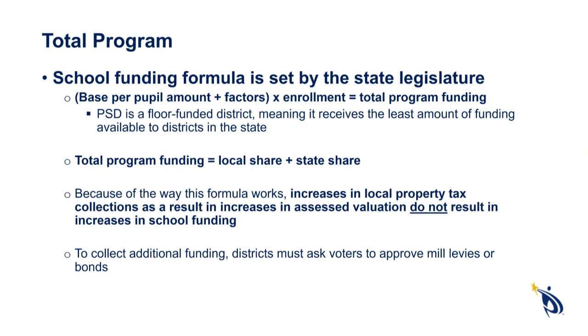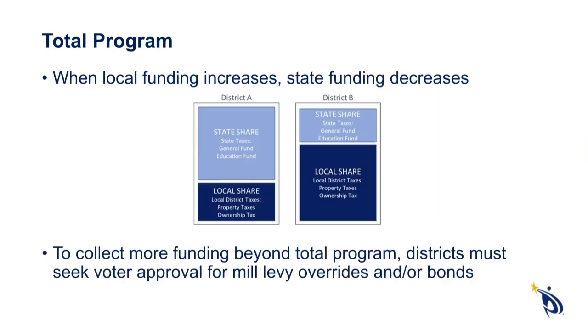And the other takeaway here is that whenever we want additional revenue beyond what's provided by the state in the total program funding formula, what we need to do is go to our local voters and ask for that. And that comes in the form of mill levies and bond questions that we find on the ballot.